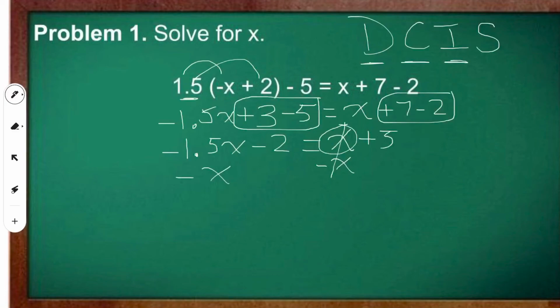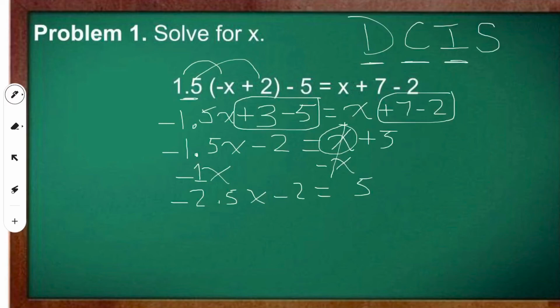This cancels out because they're additive inverses. Negative 1.5x minus x gives me negative 2.5x. I know that because the coefficient in front of this x here is negative 1. I bring down my minus 2, bring down my equal sign, and I bring down my 5.